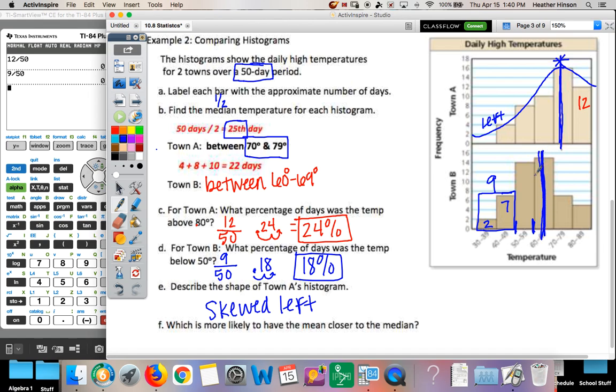Your mean is going to be kind of close to that, but depending on how it's skewed, it's going to change where your mean is relative to your median. If it's skewed left, your mean is going to be less than your median. If it's skewed right, your mean is going to be more than your median.